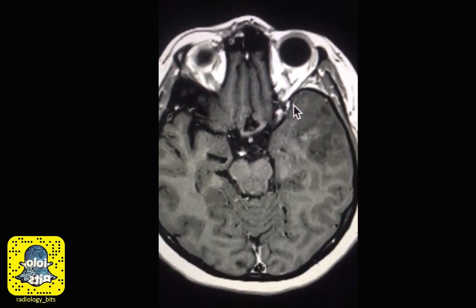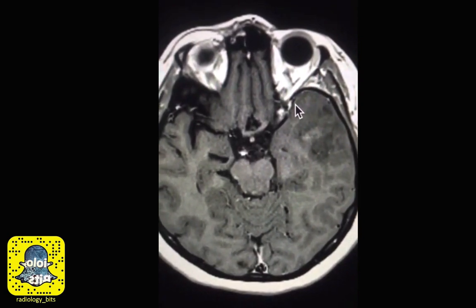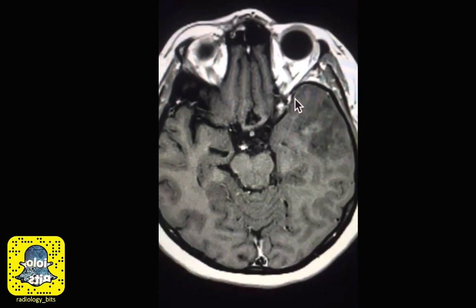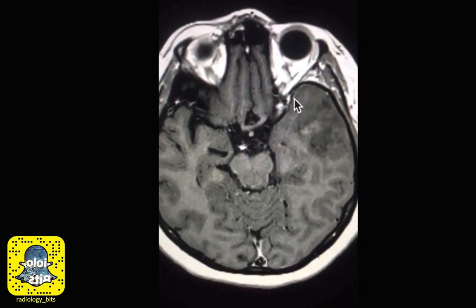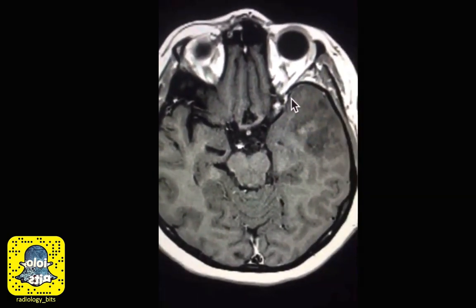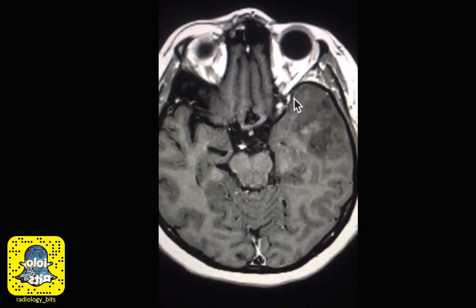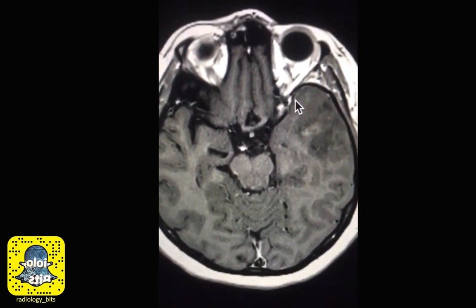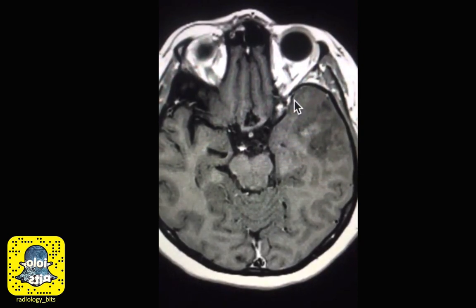Despite that, astrocytomas could be very infiltrative. If they're low grade, they do not enhance. The higher grade of astrocytoma, known as anaplastic astrocytoma, could show areas of enhancement. And the worst grade of astrocytoma, known as glioblastoma, would typically show more intense foci of enhancement.